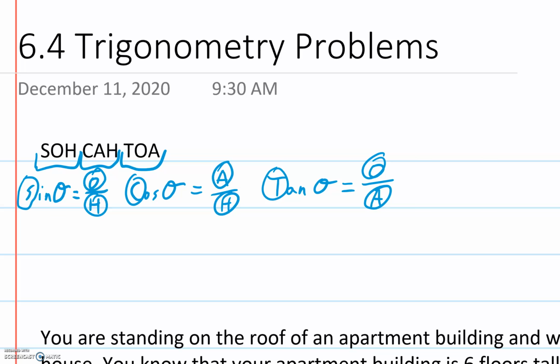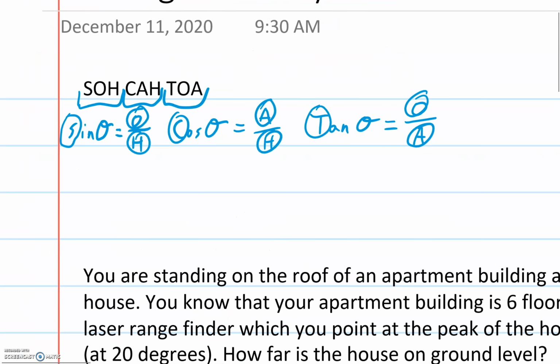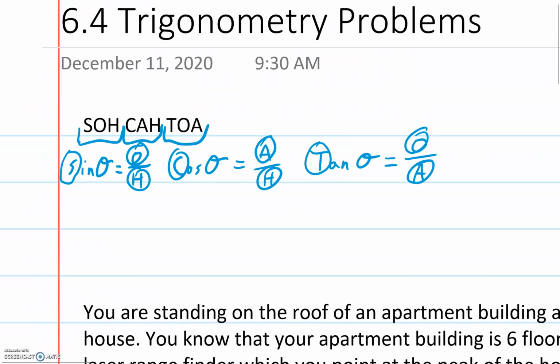And you can rearrange any of the equations. I'm going to do that for only one of them, but the other two are similar.